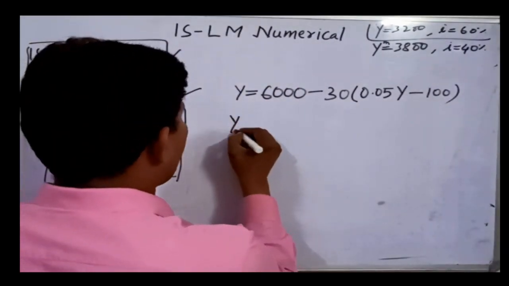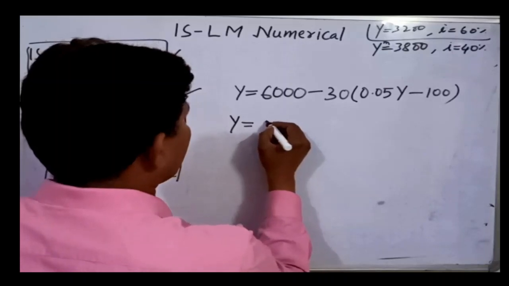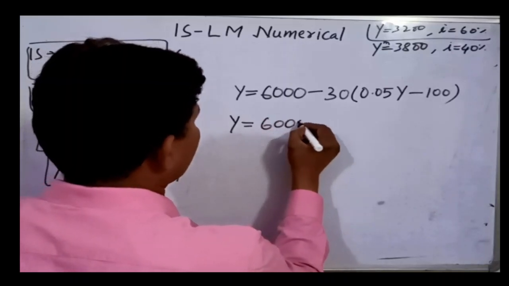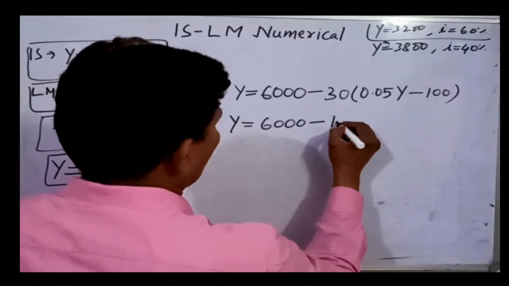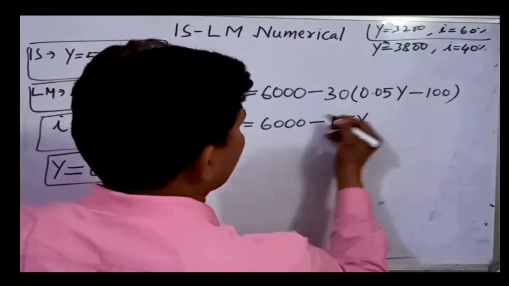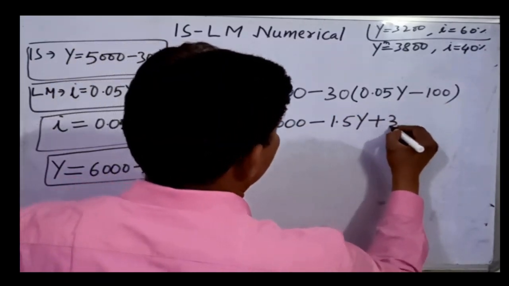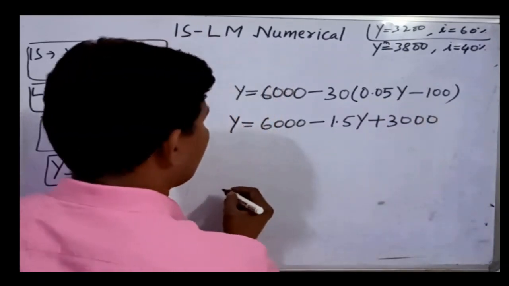I get y is equal to 6000 minus 1.5y plus 3000.